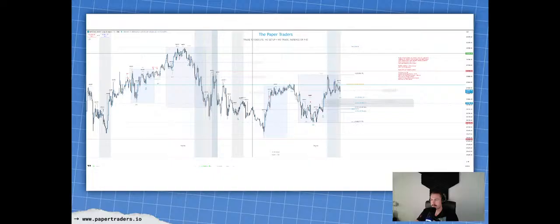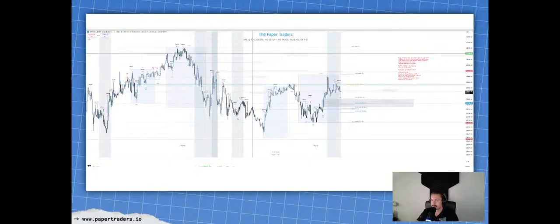We are going to look for either a hold of the London session OTE for a continuation back into the upside. Here we would need to see price above the Asian session high and the London session high in order to confirm that price wants to continue to the upside.